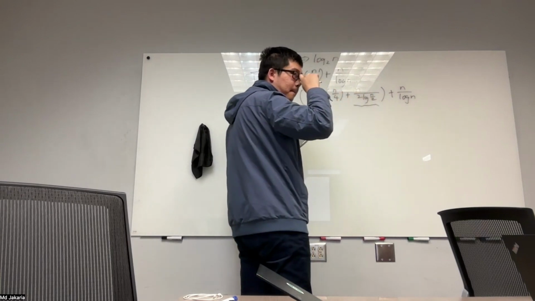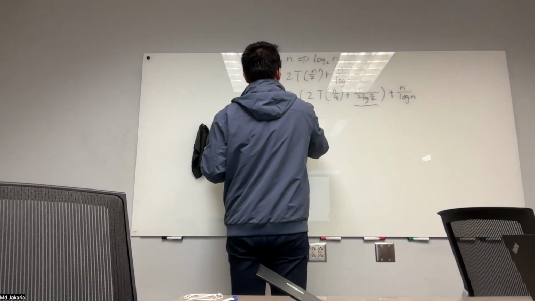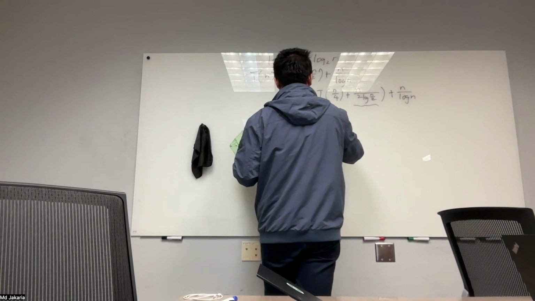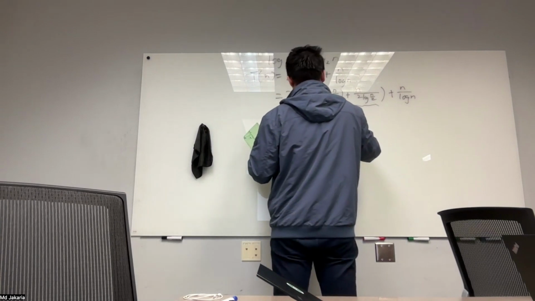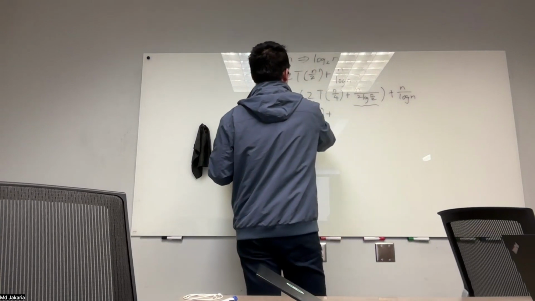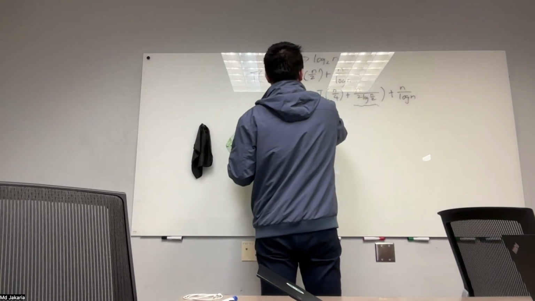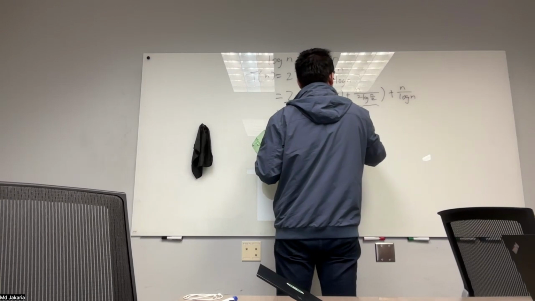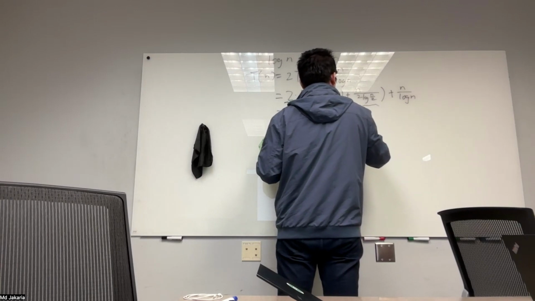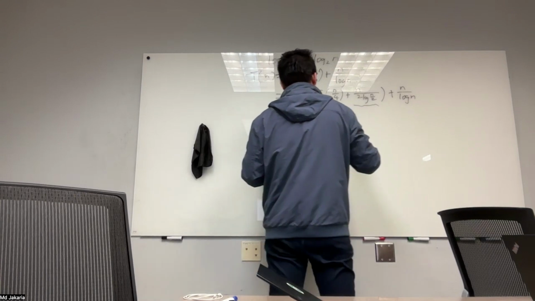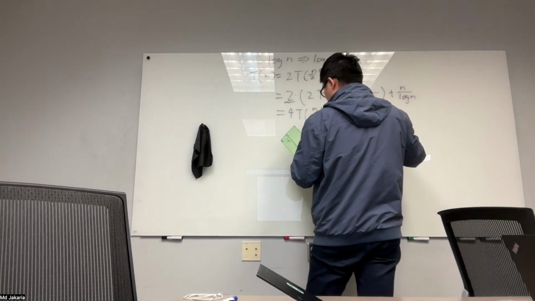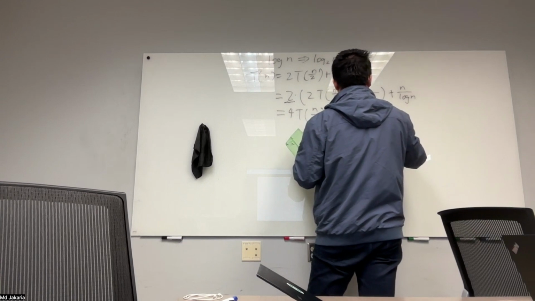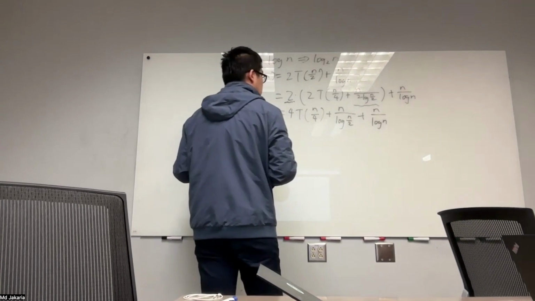We're good, right? Simplify a little bit, that gives us 4 T of n divided by 4 plus, here's a 2 and this 2 cancels out, so that becomes n divided by log of n divided by 2, plus n divided by log n. Okay.